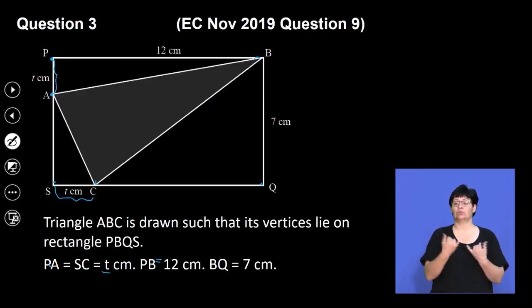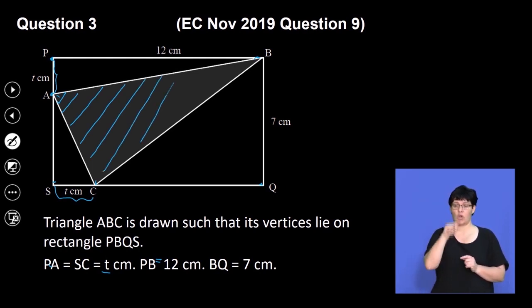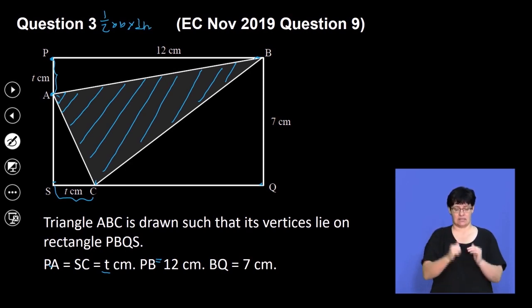Okay, so what we're going to do here is find an expression for the area of that triangle. Looking carefully at this triangle, we know that the area of a triangle is equal to half times base times perpendicular height. But we don't really have enough information to use that formula directly because we don't have a height that is perpendicular to one of those bases. And we can't use any trig because we don't have any angles. So the only way we can really find the area of that triangle is to find the area of the rectangle.